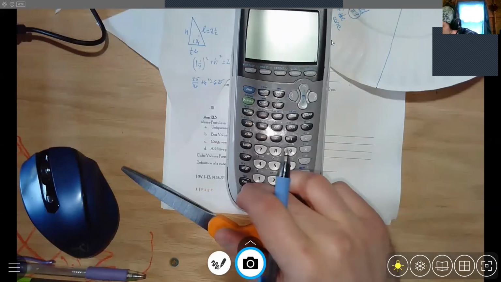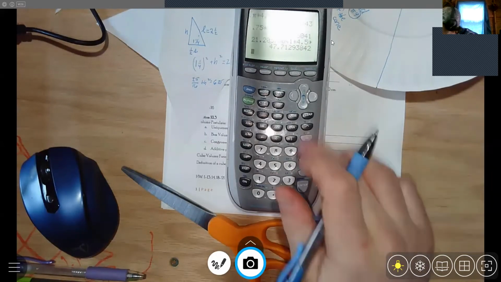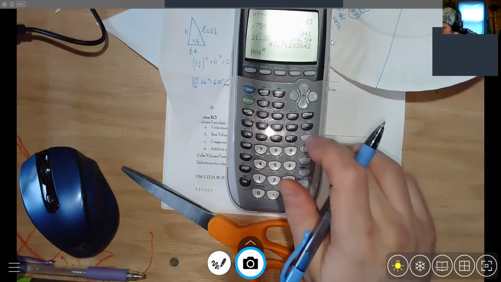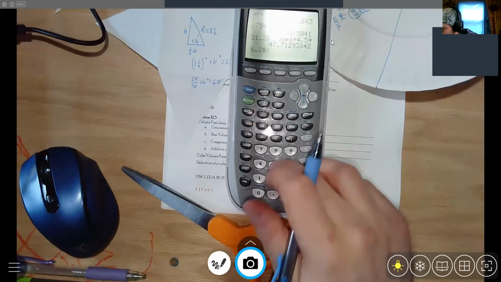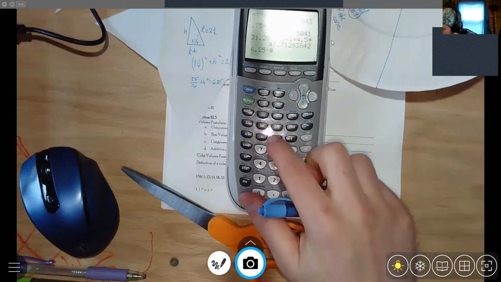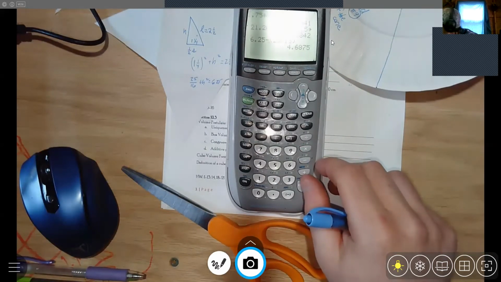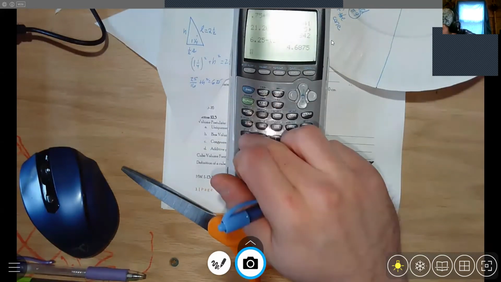So 6.25 minus 25/16. And then we're going to take the square root of that.